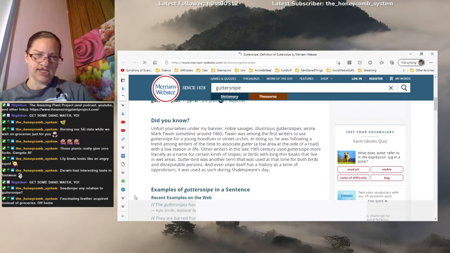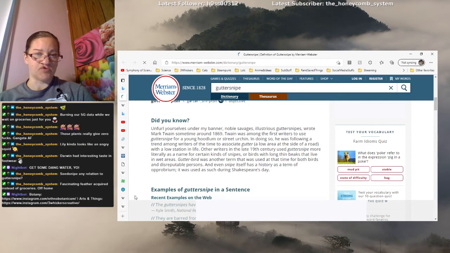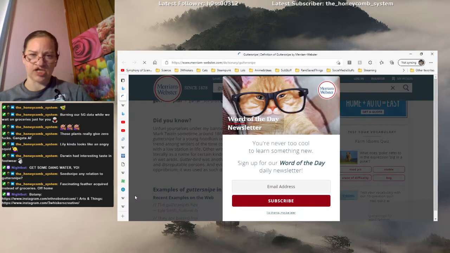Other writers in the late 19th century used guttersnipe more literally as a name for certain kinds of snipes or birds with long, thin beaks that live in wet areas. Gutterbird was another term that was used at the time for birds and disreputable persons, and even snipe itself has a history as a term of opprobrium. It was used as such during Shakespeare's day.